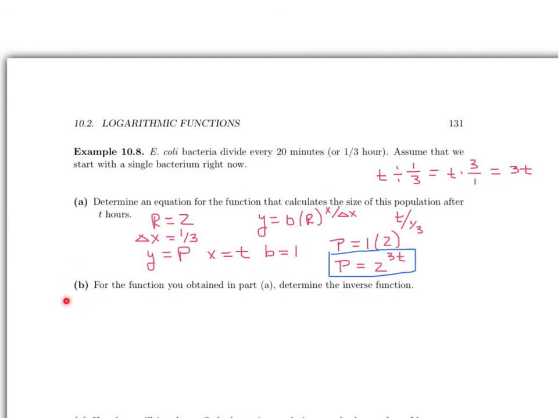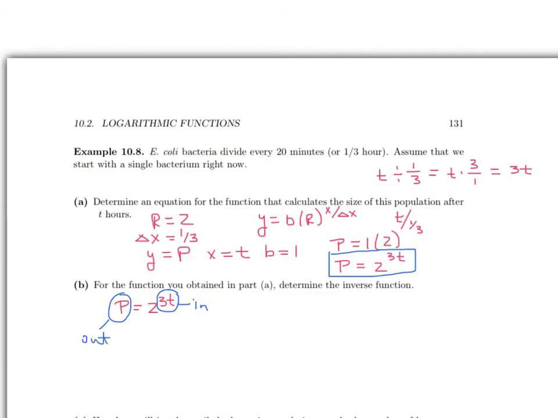Now let's look at part B. For the function you created in part A, determine the inverse function. So let's start with our formula, p equals 2 to the 3t. You'll notice that this is an exponential function, and 3t is effectively playing the role of the input, and p is playing the role of the output.